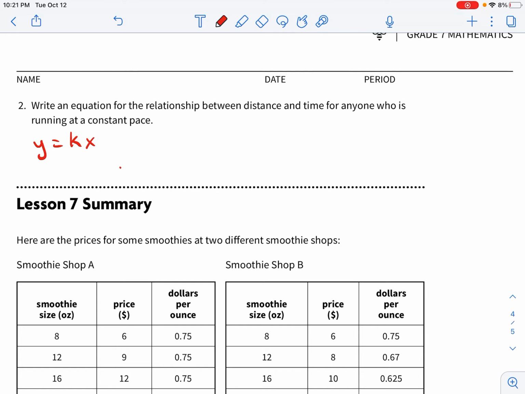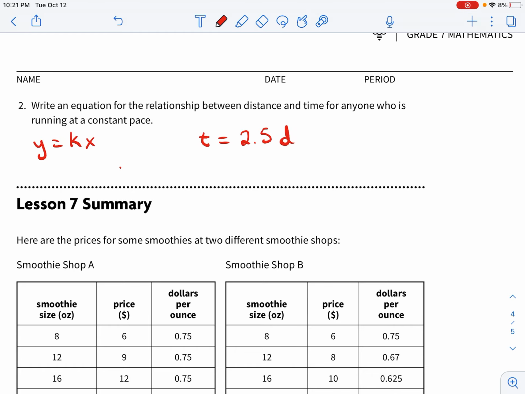We're going to switch out y because it says in relationship between distance and time. So time is going to be our y value. Okay, and time is going to equal the speed the person's running. So in this case, it'd be 2.5. And then you're going to times that by d, the number of laps they run.